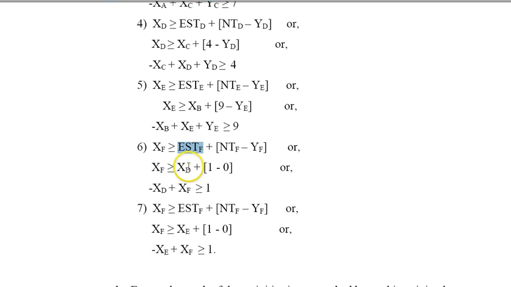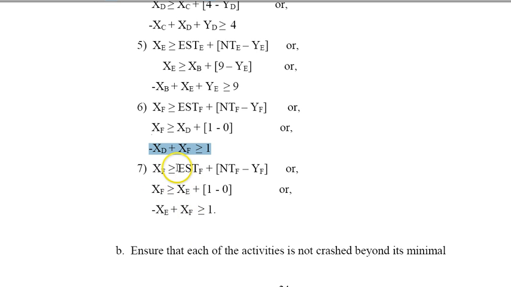So I replace this by D, and I repeat exactly the same thing, and I replace it by E. So that way, that's the way I can get XF to be larger than the maximum of these two. Okay, so we got XF minus XD, and the normal time is 1 minus YF. I cannot crash it at 0. So I take this to this side, and I get this constraint. And the same thing here, just now instead of D, I take E, because also E leads to F, and I got this constraint.